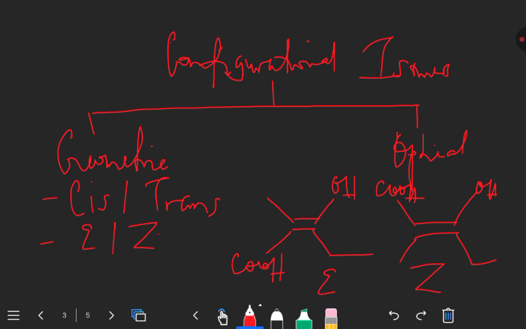All right, so with that understanding of the geometric isomers, let's now talk about optical configuration isomers.